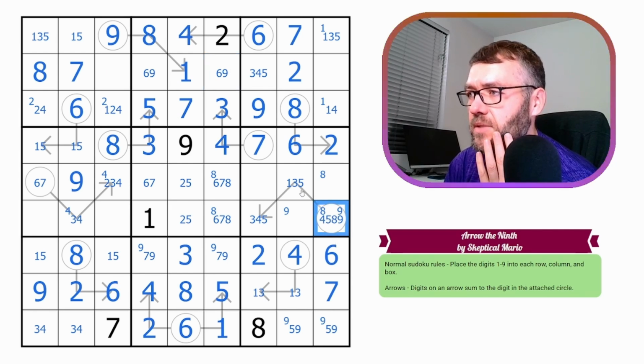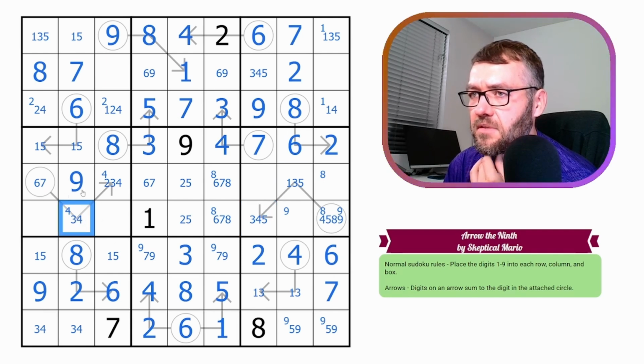All right, if this was an 8, it would be a 5, 3. That would again make this, actually, if this was a 5, 3, this could still be 6 or 7, because this would be a 4, and this could still be a 2 or a 3.